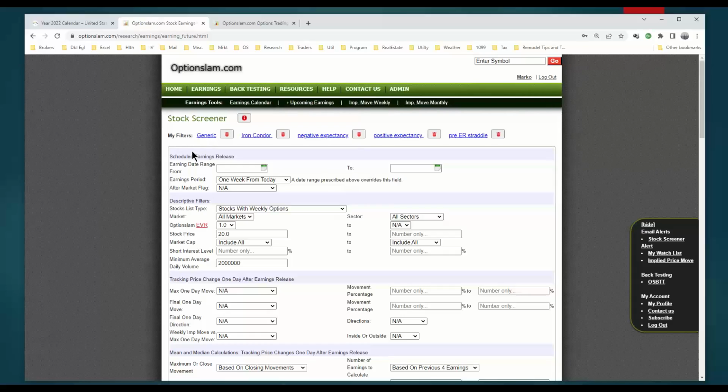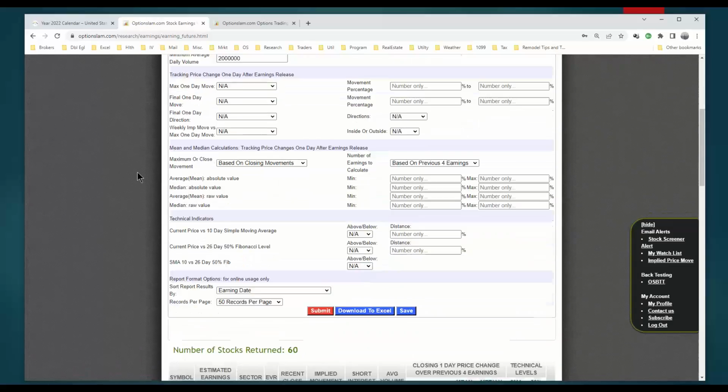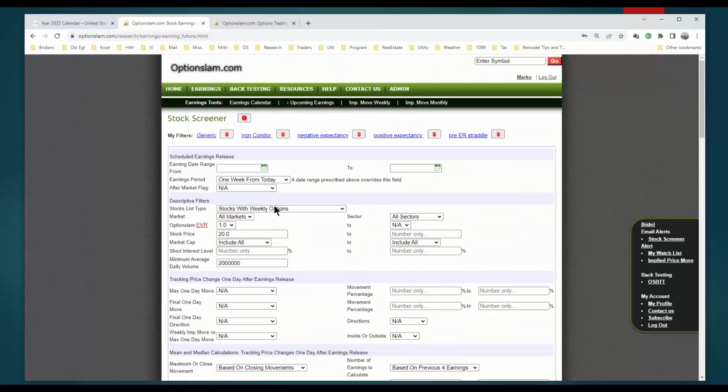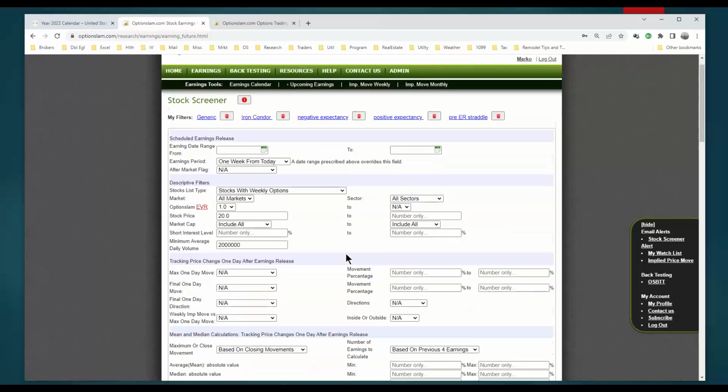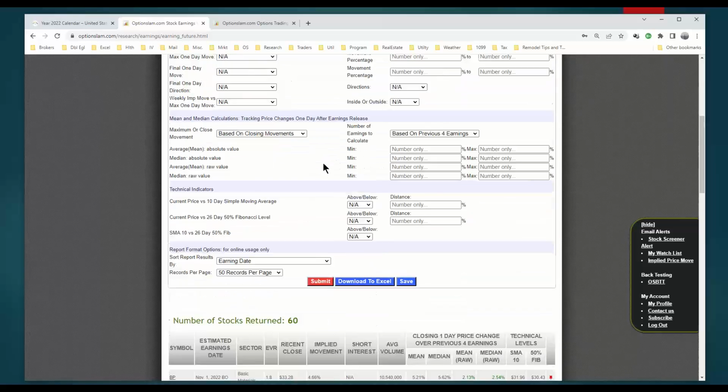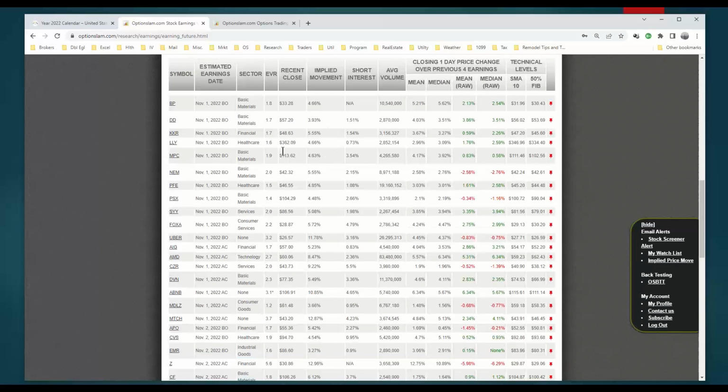I just generally use my generic screener here. It says stocks that have weekly options, stocks that have an EVR over 1, stocks that are priced over 20 bucks. I can change all of these parameters on the fly, but this is just my saved generic scanner. And based on those criteria, I've got stocks that have got earnings coming up in the very near future.